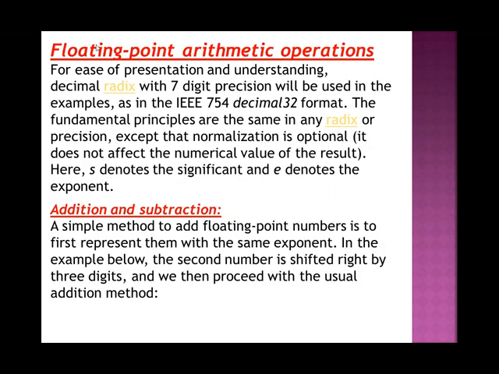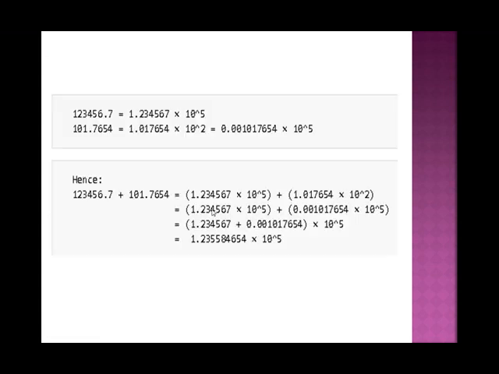Then we also talked about the floating point arithmetic operations, meaning what operations are provided by floating point numbers, like addition, subtraction, division, multiplication. First is addition and subtraction, meaning how we can add or subtract floating point numbers.